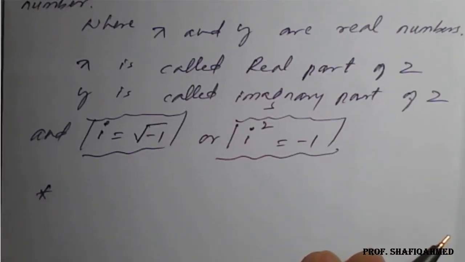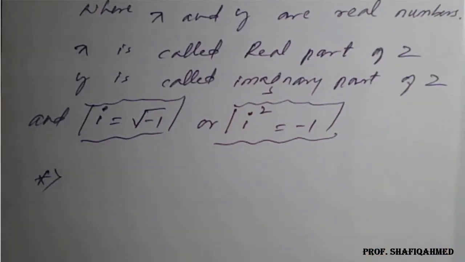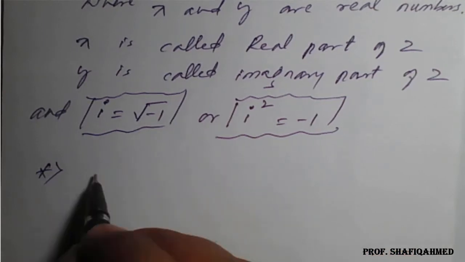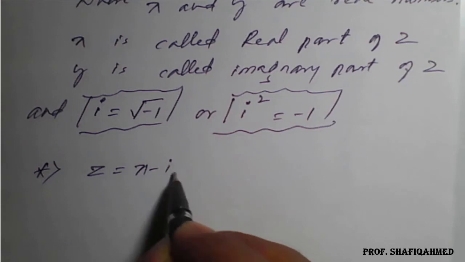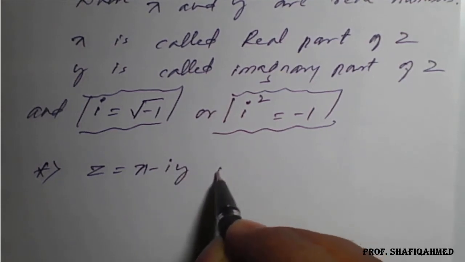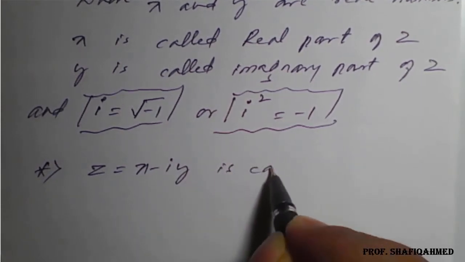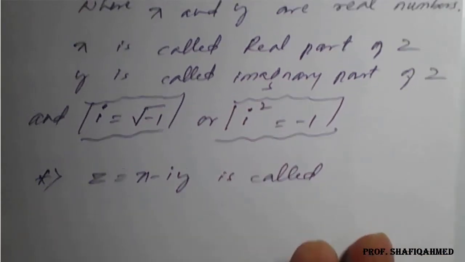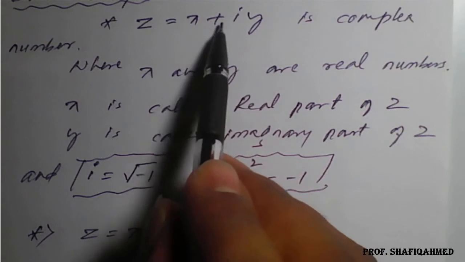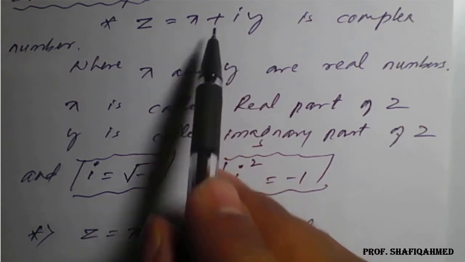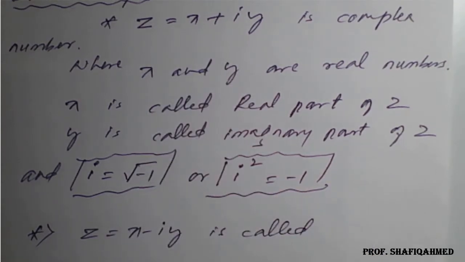So second point in this we'll see as z bar is equal to x minus iy is called, means you know that we have taken z is equal to x plus iy. So if you change the sign, it is going to be called as the conjugate of that.